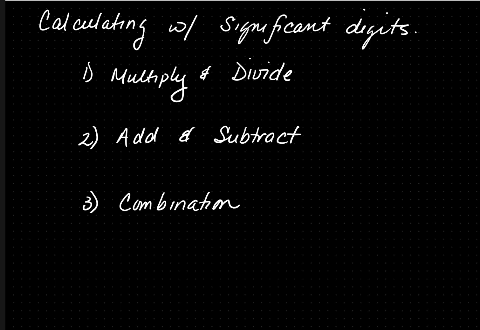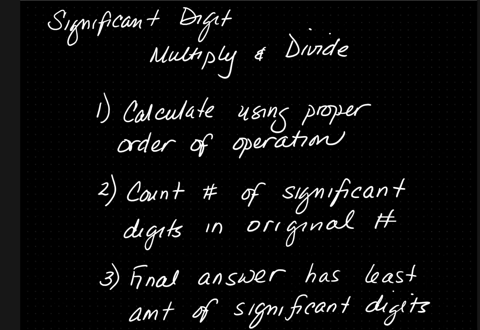Now that we know how to identify significant digits, we need to learn how to use the properties in multiplication, division, addition, subtraction, and when they are combined. The easiest of the rules are when you multiply and divide.